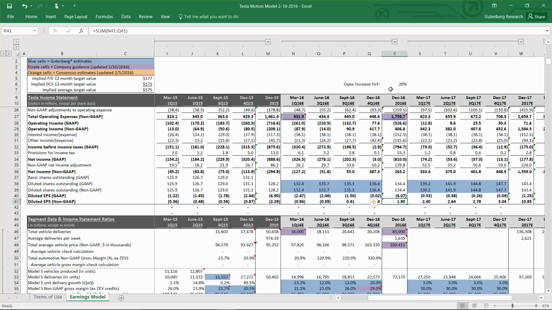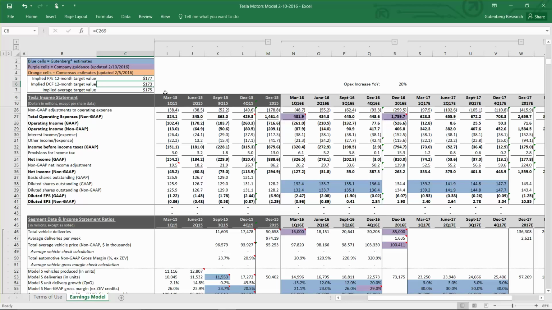Now, with these new model assumptions, we move to a $1.90 EPS, and the net debt per share increased to $10.84 from about $4. So that also impacted our market multiple valuation. But keeping our multiple constant at 99 times, we were able to get back to a price of $177 on a PE basis.